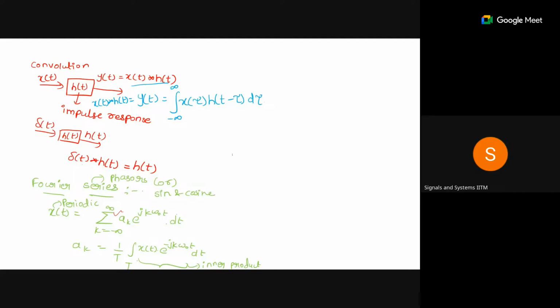So what if the signal is aperiodic? Then we'll be moving on to the Fourier transform. The Fourier transform is applicable for energy signals, power signals, and aperiodic signals, and it is not applicable for signals that are neither energy nor power signals.